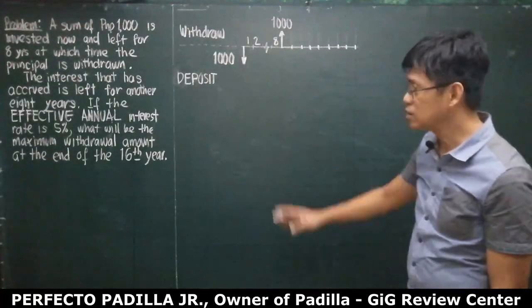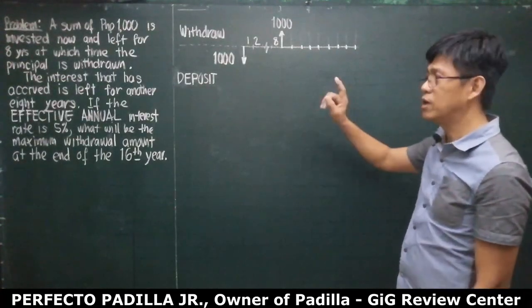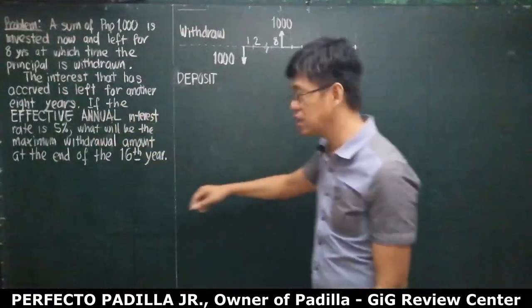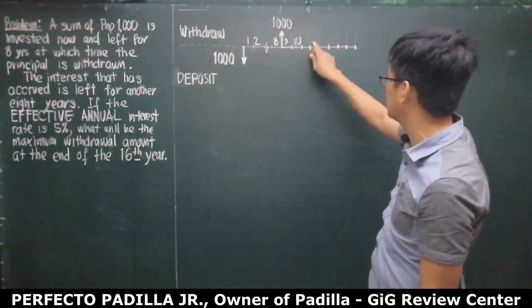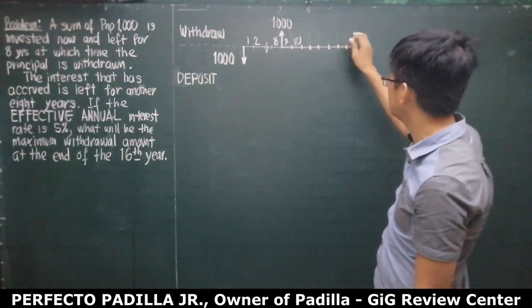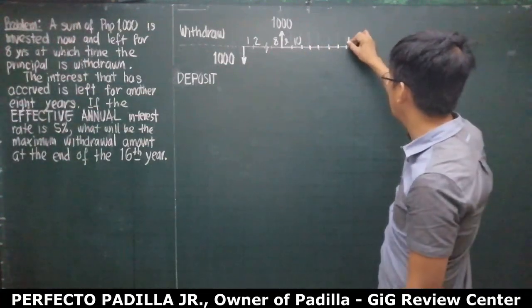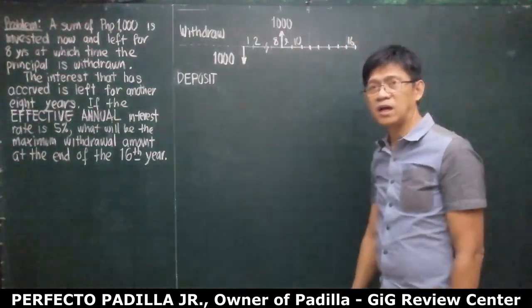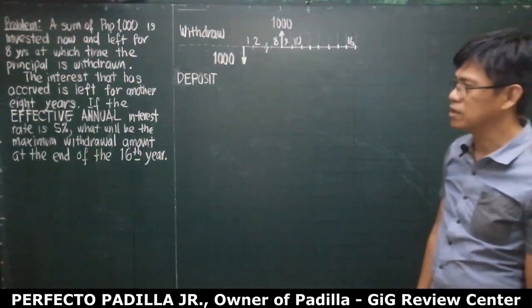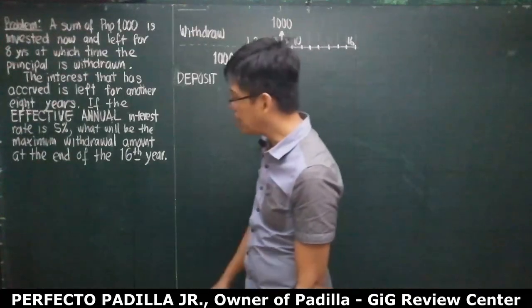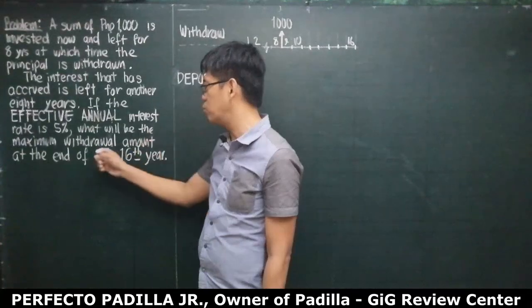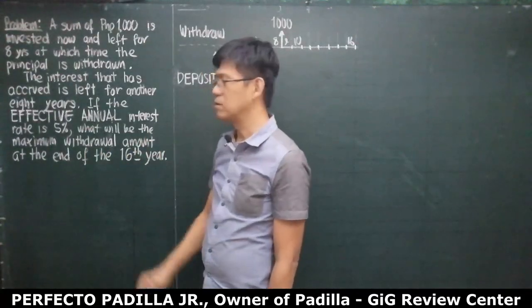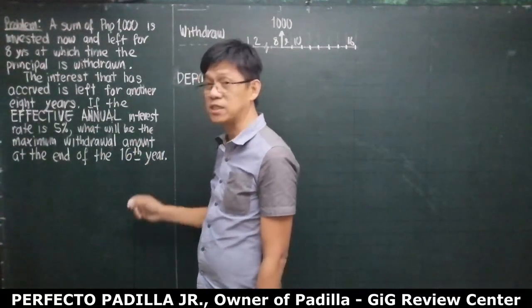Now, that interest was left to grow for another 8 years. So, 9, 10, 11, 12, 13, 14, 15, 16. Diba? 8 plus 8, after 16 years. Ang tanong ngayon dito, after 16 years, if the effective annual interest rate is 5%, what will be the maximum withdrawable amount at the end of the 16th year?